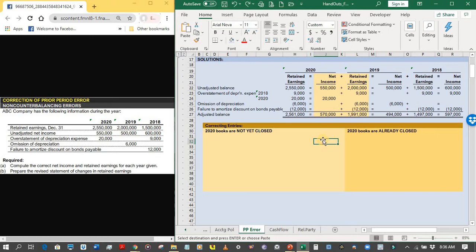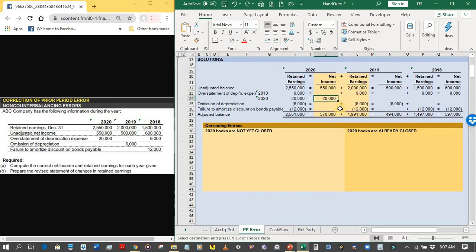So let us start first with the overstatement of depreciation expense. To correct the net income in 2020, it includes an addition of 20,000 pesos. An addition to net income is a credit because an increase in net income involves a credit to an income account or an expense account.